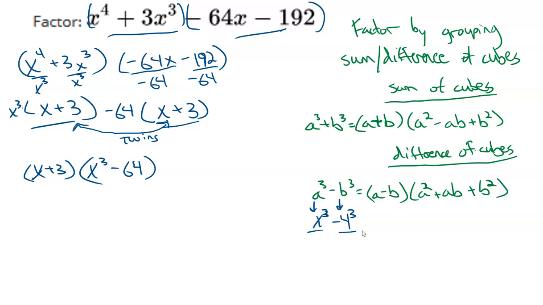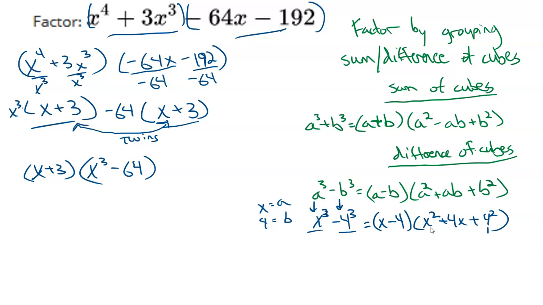So when I rewrite this equation, I'm going to get x minus 4. Plug those in for A and B. X minus 4 times x squared, because x equals A and 4 equals B, plus 4x, A times B, plus B squared, which is 4 squared on the end.